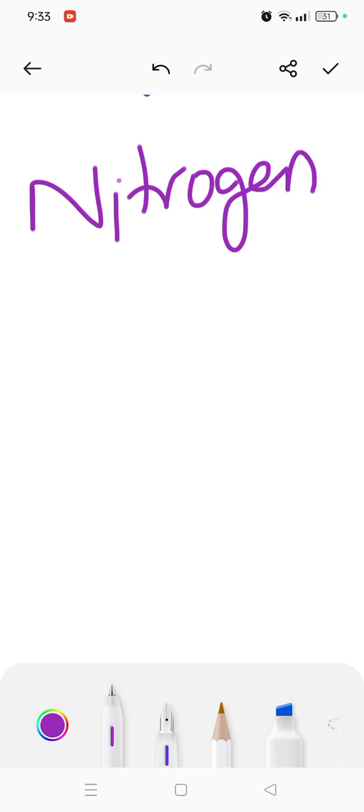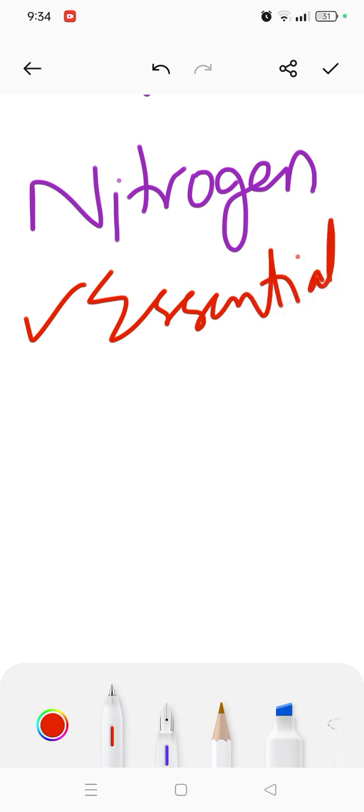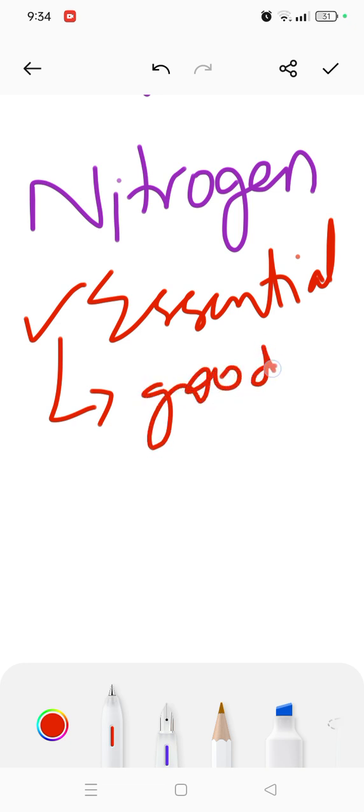important nutrient. Of course you would have studied it in the periodic table in chemistry. So we are going to start today. First thing, this is very much essential because it has so many benefits. Firstly, we require nitrogen in a good quantity, which means more quantity is required.